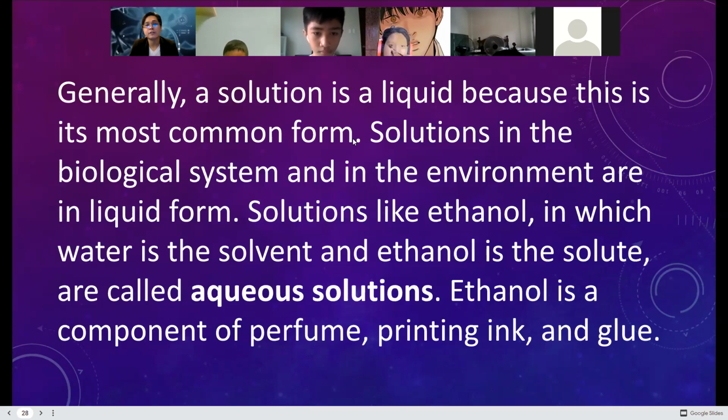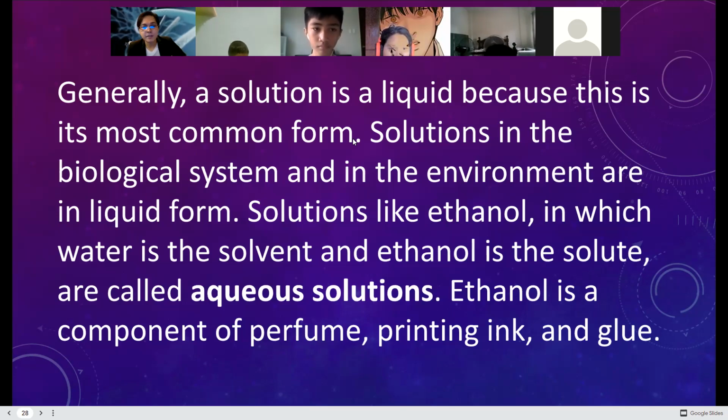Remember that your 100% ethanol evaporates in around seconds. We have a lot of it in the laboratory, the pure 100% ethyl alcohol and isopropyl alcohol. Again, solutions like ethanol or ethyl alcohol in which water is the solvent and the ethanol is the solute are called aqueous solutions.